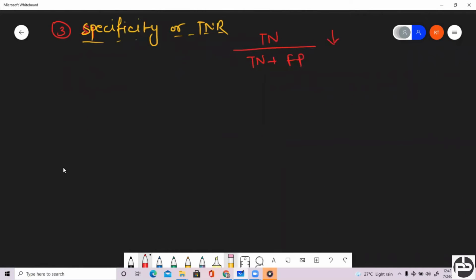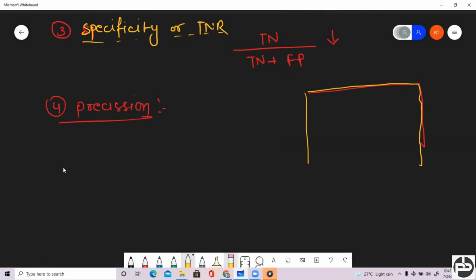So the fourth evaluation metric we are going to discuss is precision, right? Precision is a measure of amongst all positive predictions, how many of them were actually positive. Let me draw the confusion matrix once again, that will be great so you can understand in a better way.